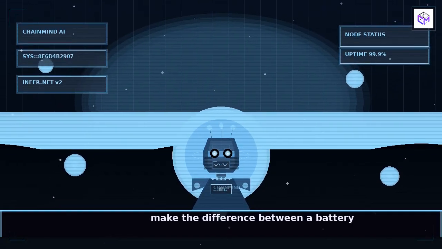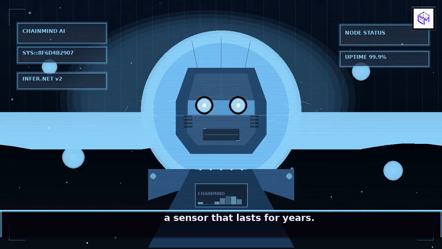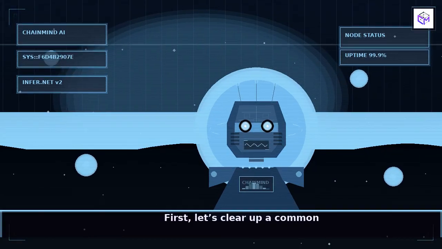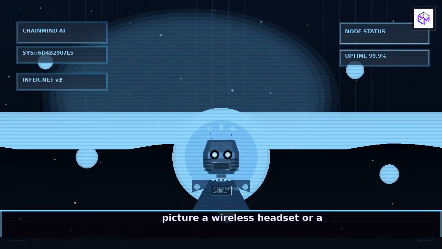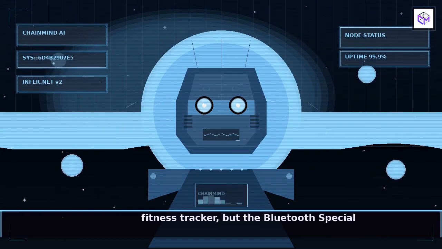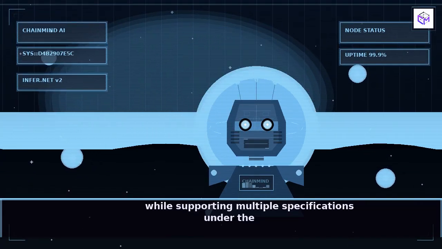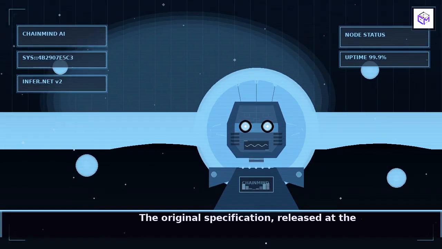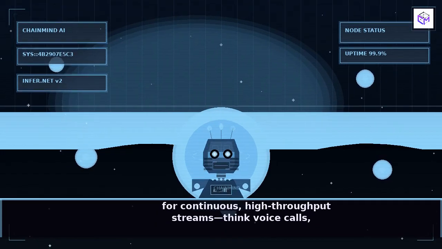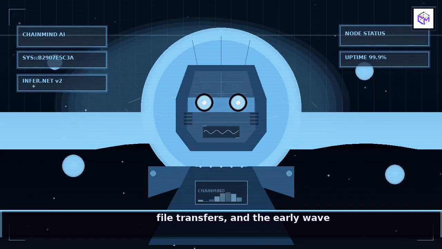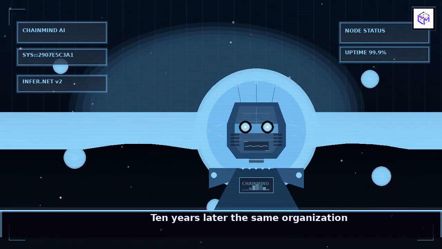First, let's clear up a common misconception. When you hear Bluetooth, you probably picture a wireless headset or a fitness tracker, but the Bluetooth Special Interest Group maintains a single brand while supporting multiple specifications under the hood. The original specification, released at the turn of the millennium, was built for continuous, high-throughput streams, think voice calls, file transfers, and the early wave of wireless peripherals. 10 years later, the same organization introduced a second stack, Bluetooth Low Energy, specifically to serve the emerging Internet of Things.